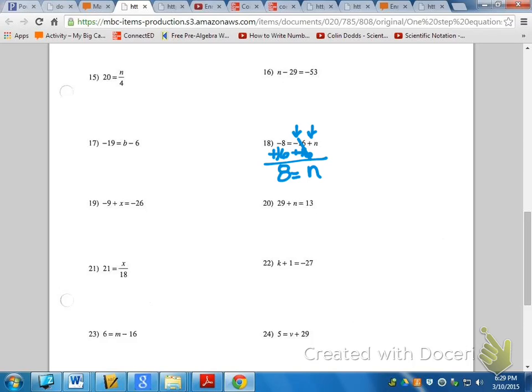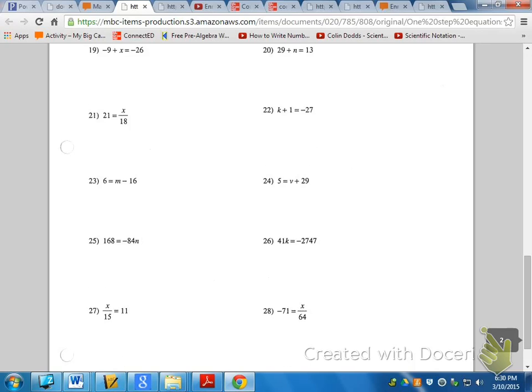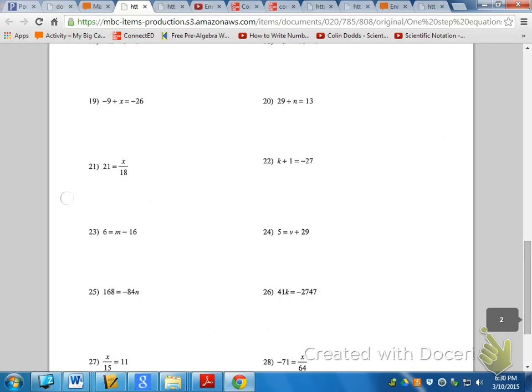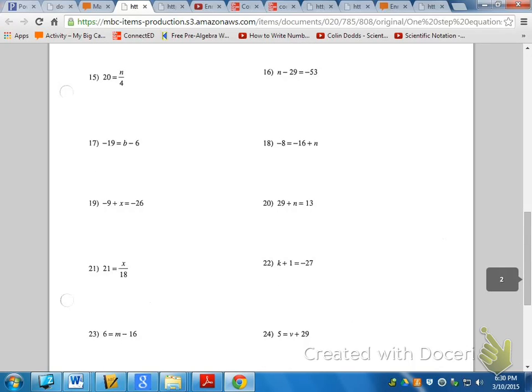If I look through and see if there are any more that might be a little tricky, again, thinking that you've done multi-step equations, so probably lots of things. Some of these you might have to actually do division on your paper, heaven forbid. Number 19, very similar to the one that I just did. It's negative 9 plus x equals negative 26. I want to get my x alone.